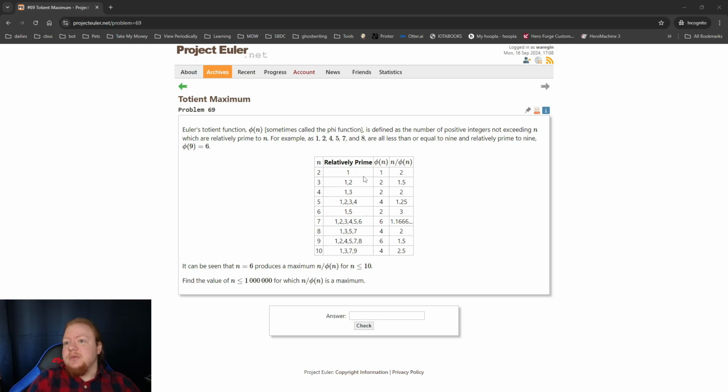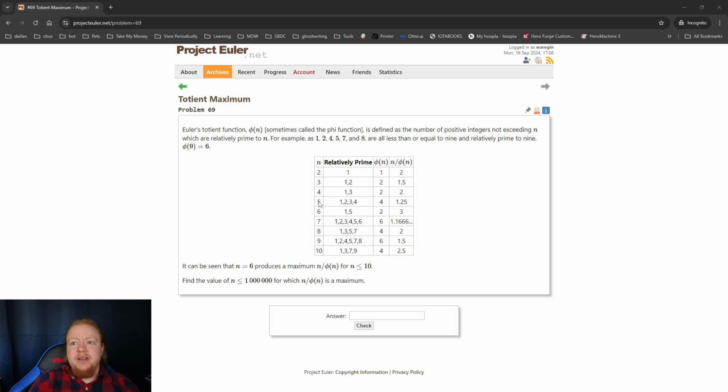So, even in this small sample size, we can see that certain numbers have far, far more relatively primes than others. I actually ended up having to look up what relatively prime means when I first was examining this problem. A number is relatively prime to a larger number if they do not share any factors.